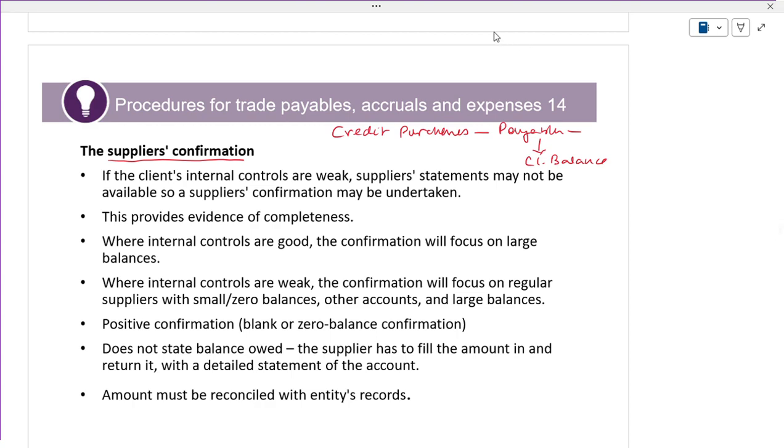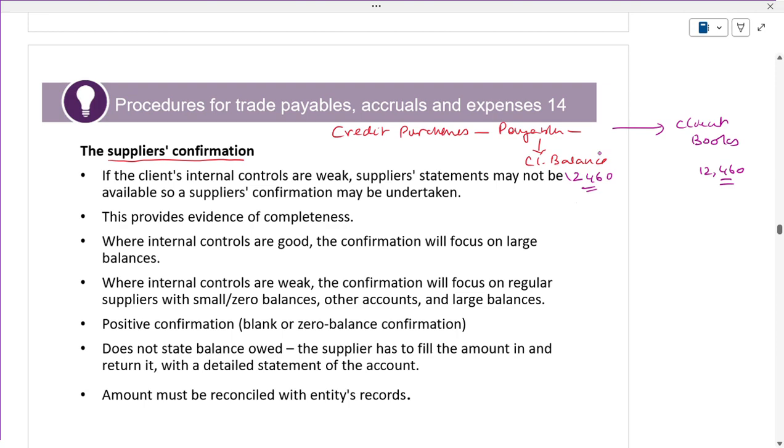We have to compare our book balance and what is the balance in the client's book. If you have the balance of 12,460, the client's book also should show 12,460. There should not be a difference.